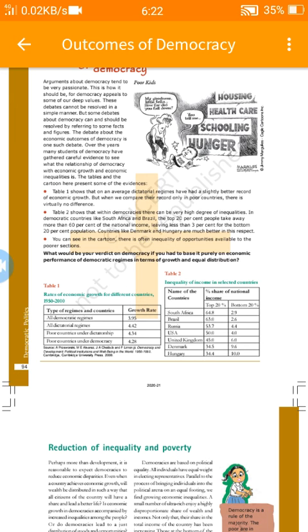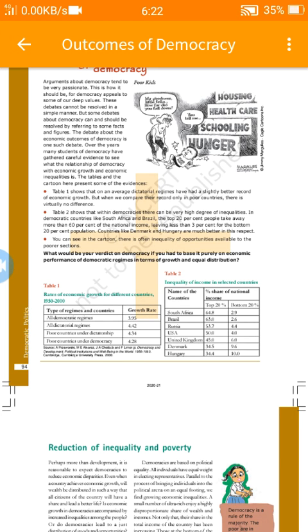In a democratic country like South Africa and Brazil, the top 20% of the people take away more than 60% of the national income, leaving less than 3% to the bottom 20% of the population. Countries like Denmark have a better comparison to other countries.